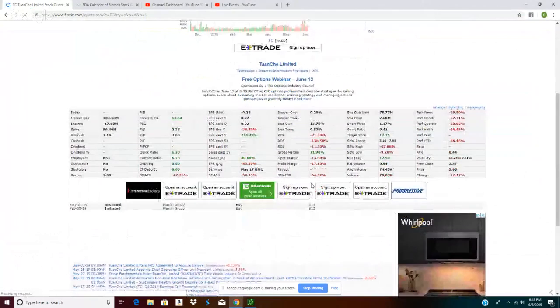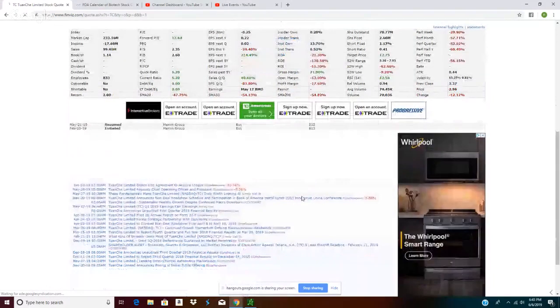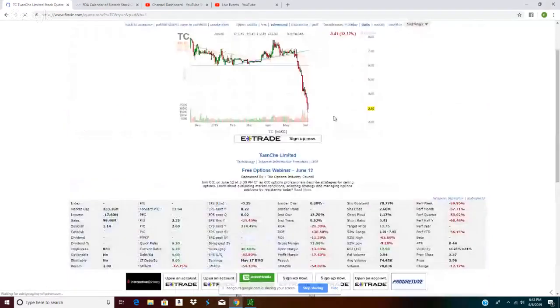You see, this is what I'm talking about, and this is why I say about the analyst. This is analyst Maxim Group. They put out a buy rating with the target price of $13. Look at this. They put that out May 21st, 2019.